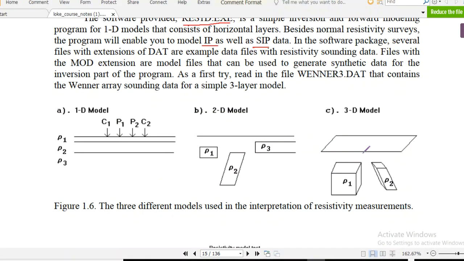In three-dimensional, the variation will be downward and horizontally into the deeper part of the layer, like a box.